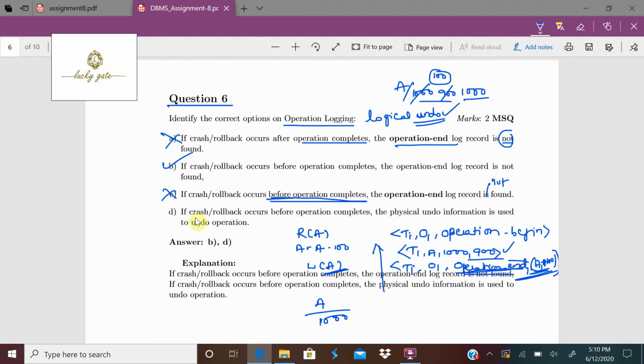Option D: if crash or rollback occurs before the operation completes, the physical undo information is used to undo the operation. When the crash occurred before the operation completes, can you see the operation end log? No. So how to perform recovery? By using the physical log records, so that is a correct statement. So the answer for question number 6 is both option B and option D.